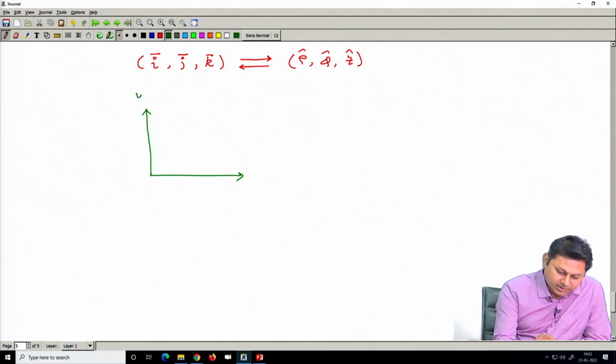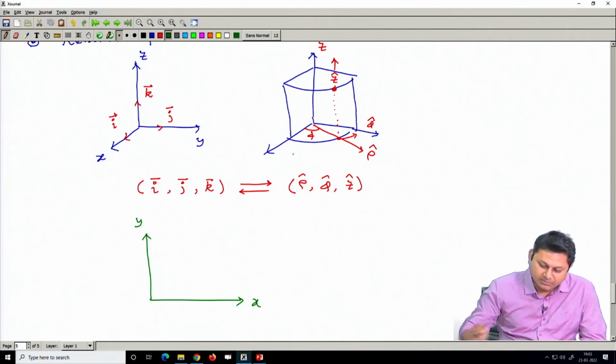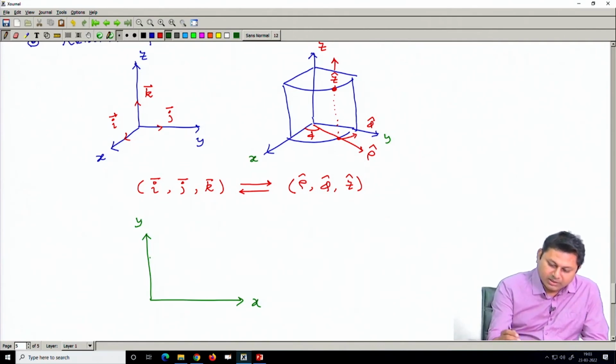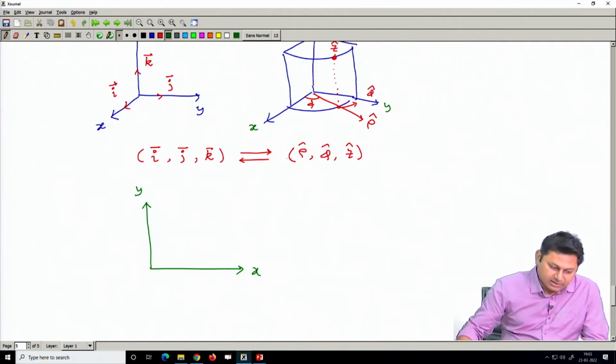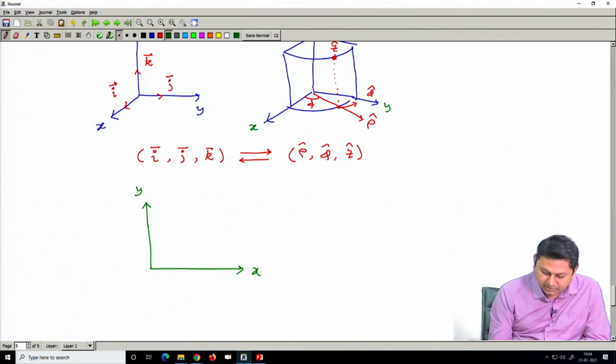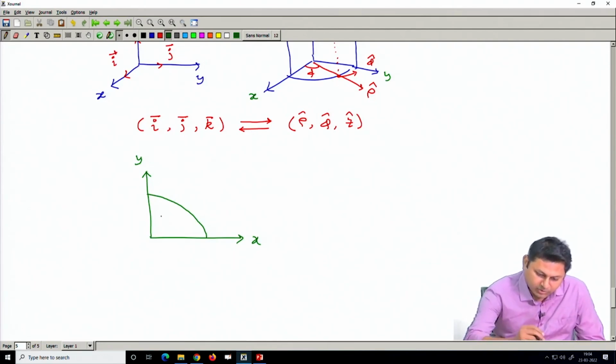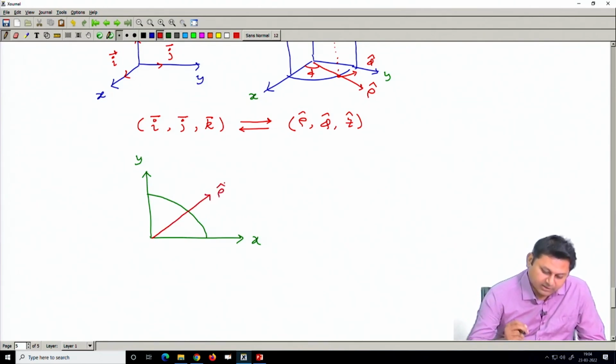In the Cartesian coordinate system, this is along y and this is along x. So, I am making the projection of this part. So, this is my x, this is my y. I am now making a projection, and in that case I have the base like this. Rho, if you look carefully, is defined from here to here along this direction. It is rho along this direction, this is a unit vector.